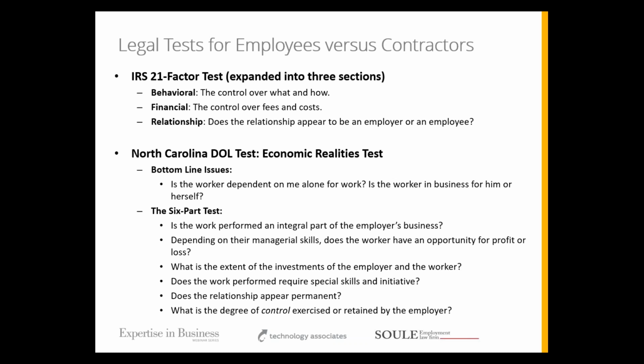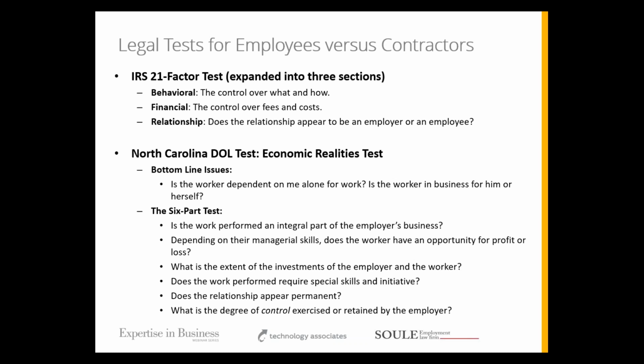And then the final piece, relationship. This really has to do with 2 primary things. Is the relationship ongoing? Meaning I am engaging this worker to provide services for me, and there's no time period. So I'm just going to engage them ongoing into the future until one of us terminates the relationship. That is very similar to what we call at-will employment.